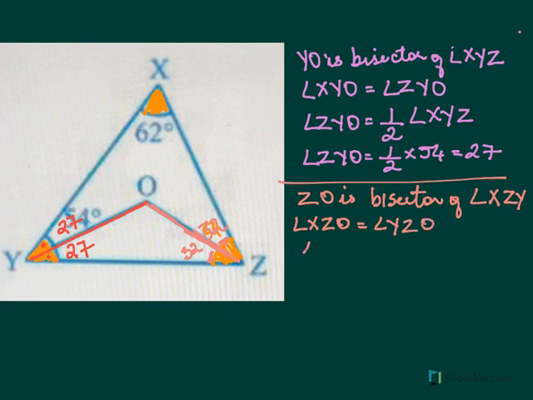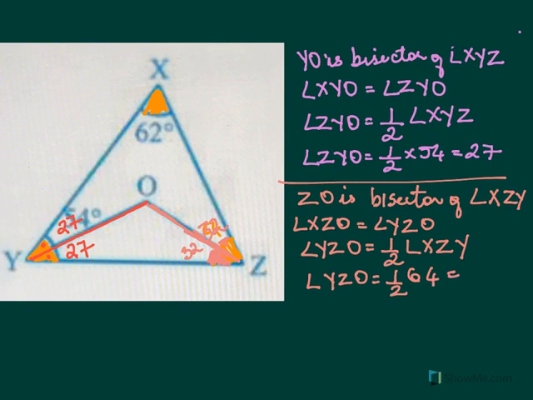If that is the case, we have angle YZO. This angle will be half of angle XZY. So angle YZO will be half of 64, which will be equal to 32.